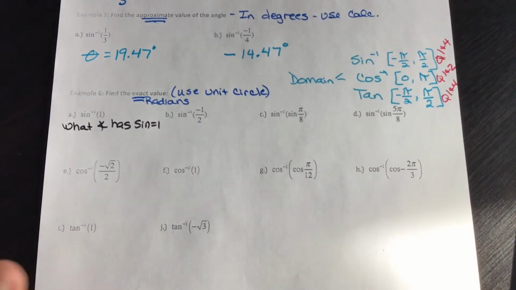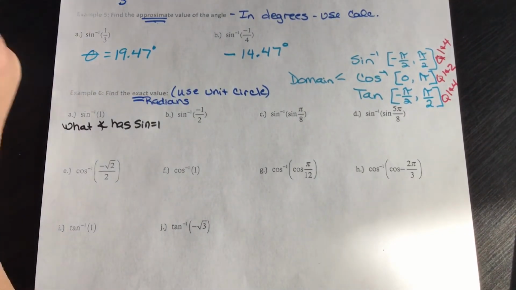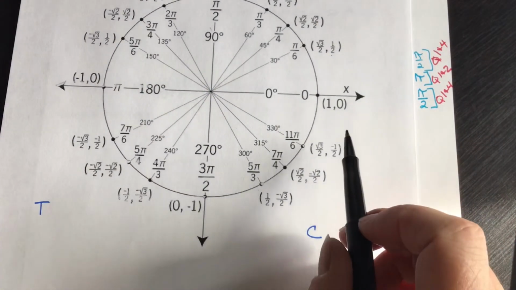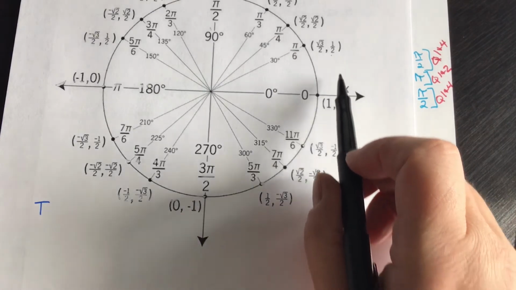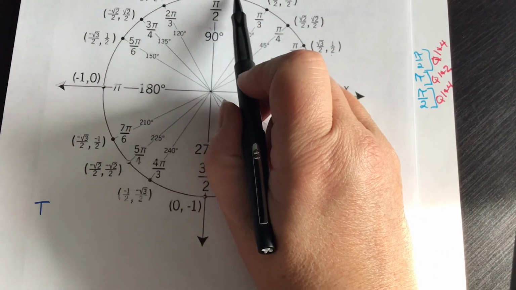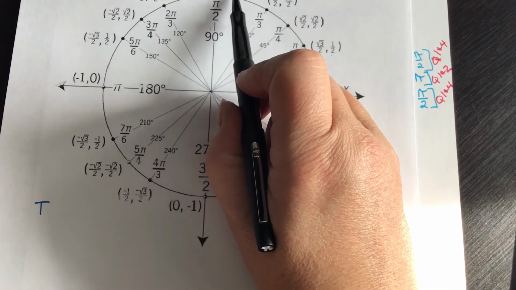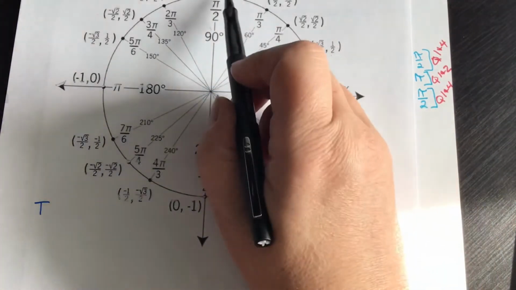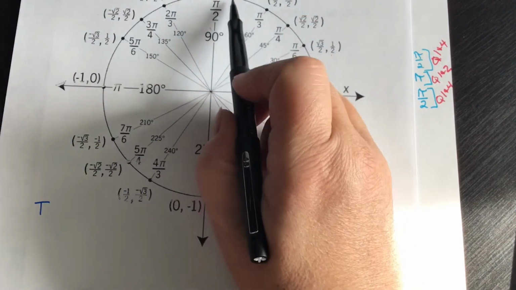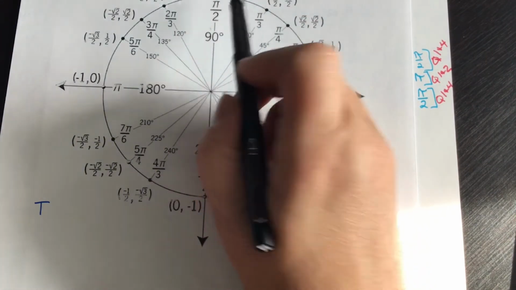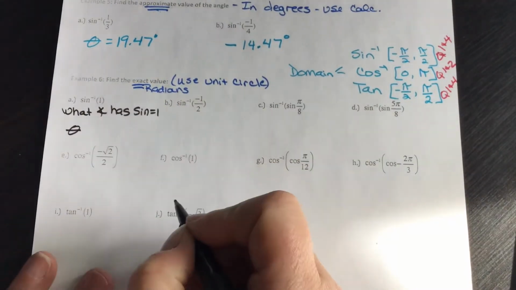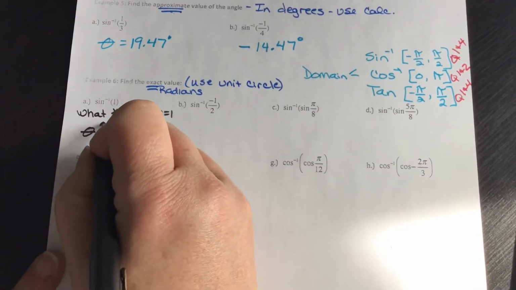I can refer to my unit circle, and remember the sine is the y coordinate, and I have a sine of 1 at pi/2, and that's the only one. So the sine of pi/2 is 1, and my angle is pi/2.